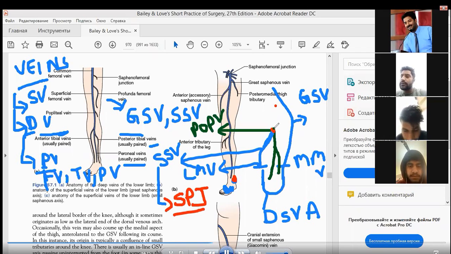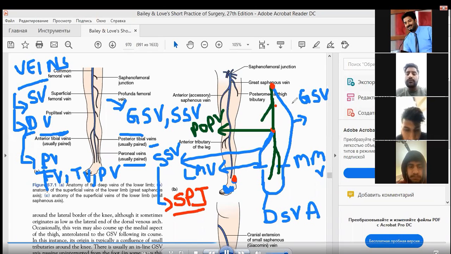Now here you have your femoral vein, then your deep femoral vein and other veins. This femoral vein is going upward, and now see here, another junction is forming. The second junction.